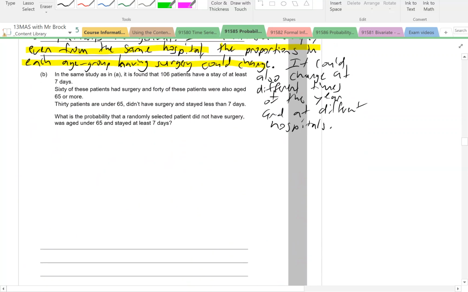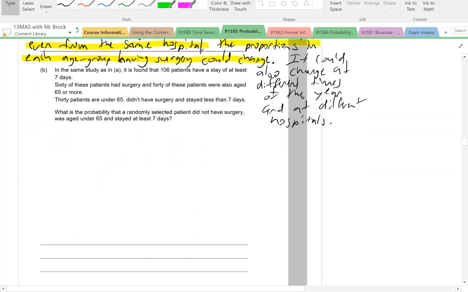Okay, part B. In the same study as in A, it is found that 106 patients have a stay for at least 7 days. So we're throwing in a new variable here, how long they stay. 60 of these patients had surgery, and 40 of these patients were also aged 65 or more. 30 patients are under 65, didn't have surgery, and stayed at least 7 days.